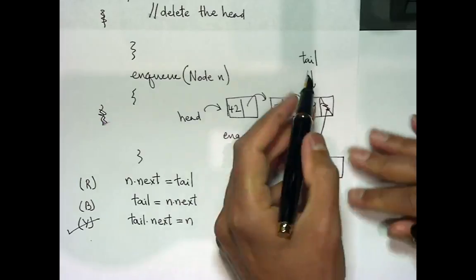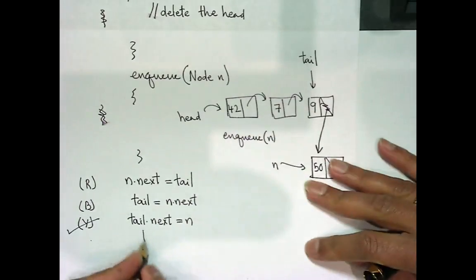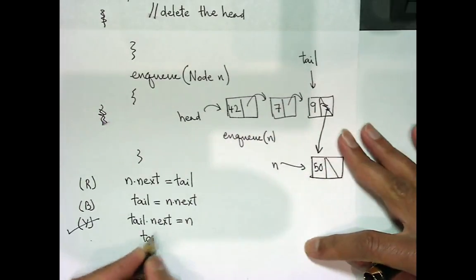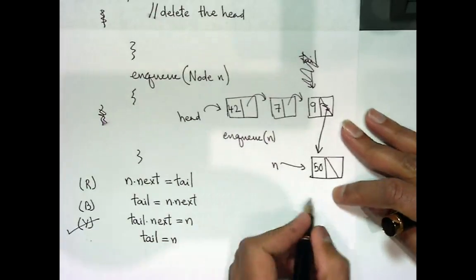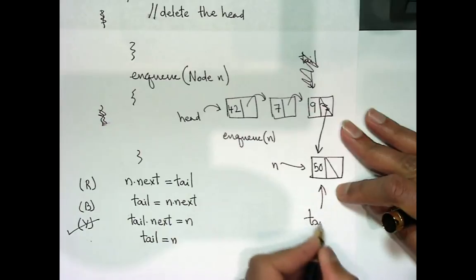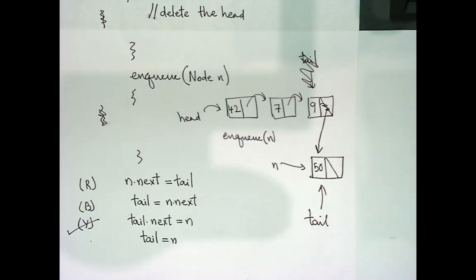You have to reset the tail, so then you would set tail equals n, and the tail moves out from here and goes there. That's how you would implement a queue using a linked list. Questions?